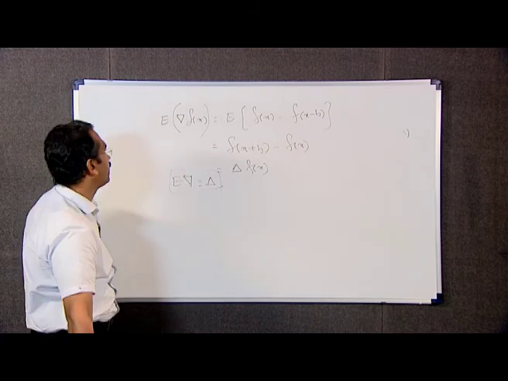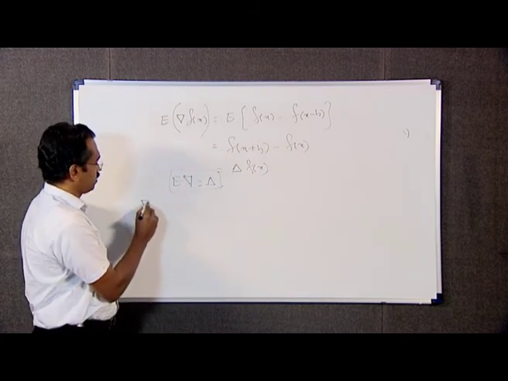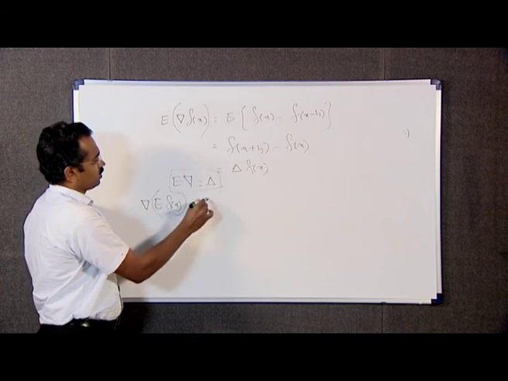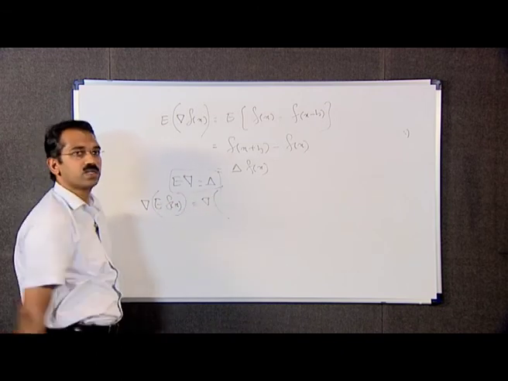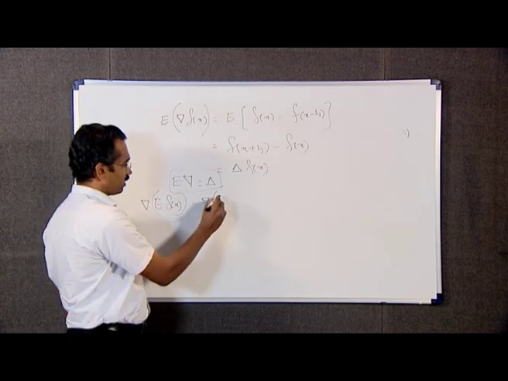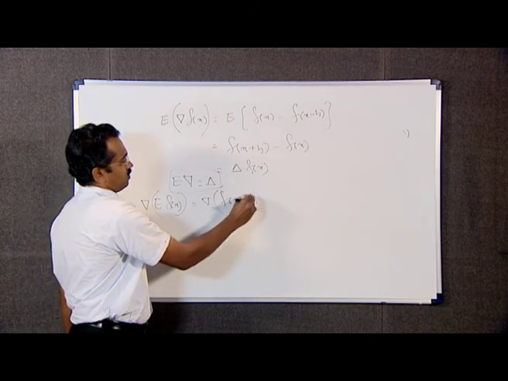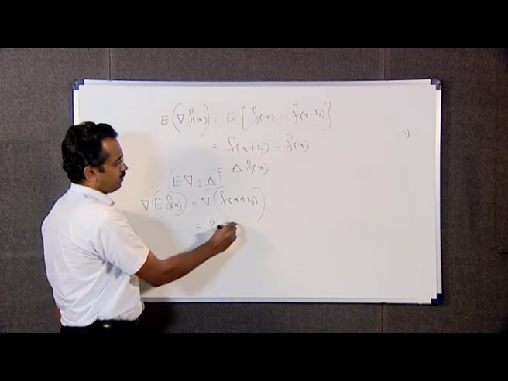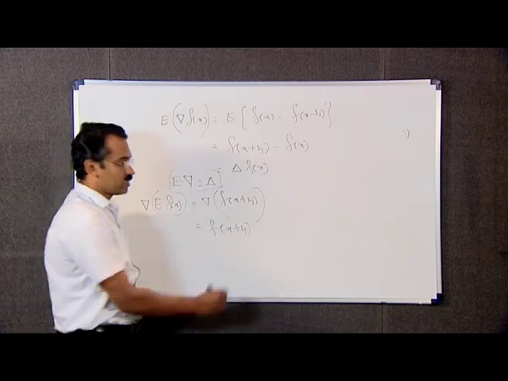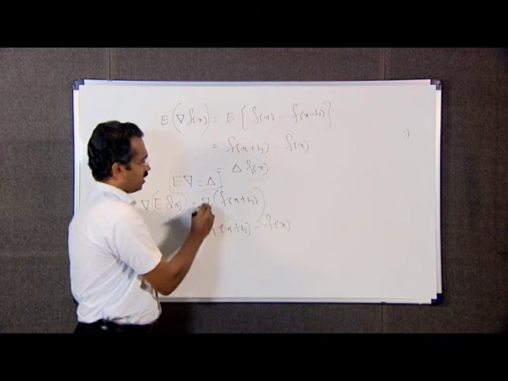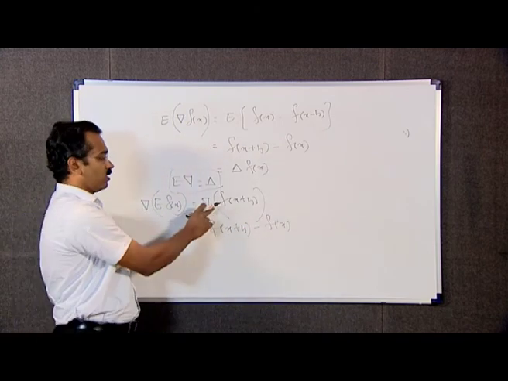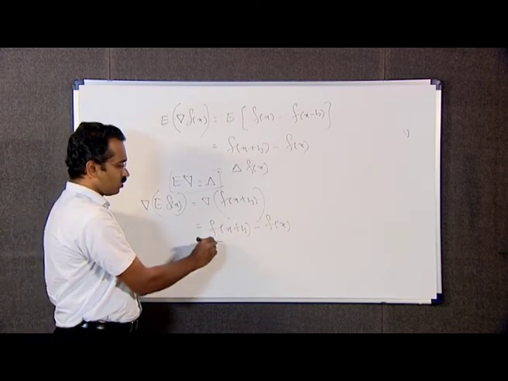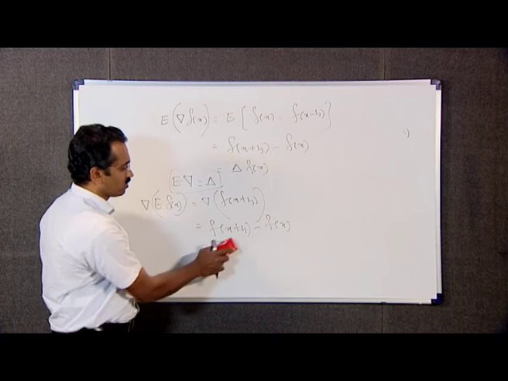And del E f of x, that is equal to del, by definition E f of x is f of x plus h, that is equal to f of x plus h minus f of x. By definition of del, this is f of x plus h minus f of x, which is equal to delta f of x.